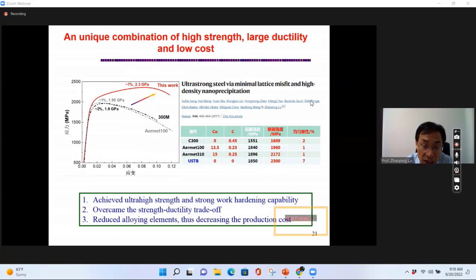Here shows the mechanical properties of this steel. As you see, the yield strength is about 2 gigapascal, and fracture strength is around 2.3 gigapascal.